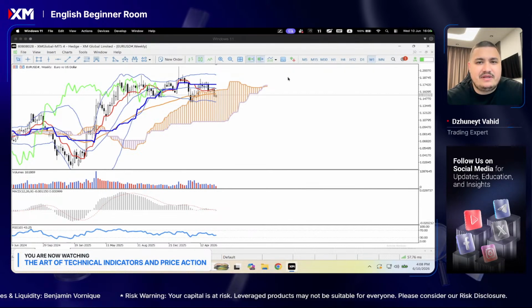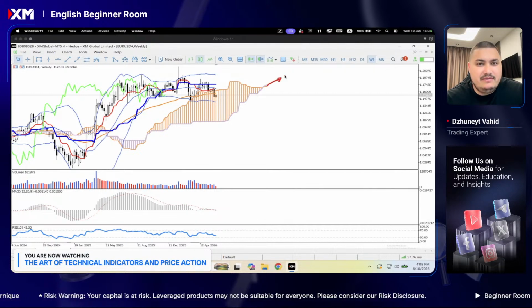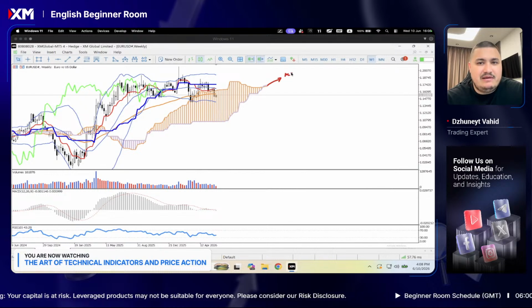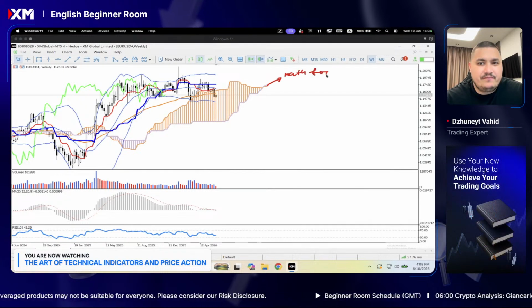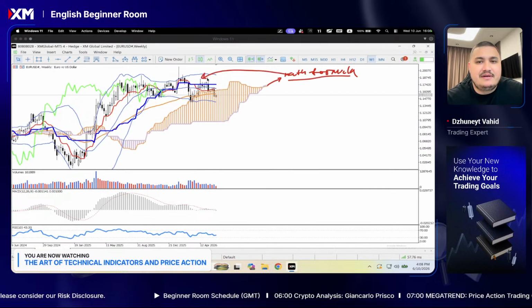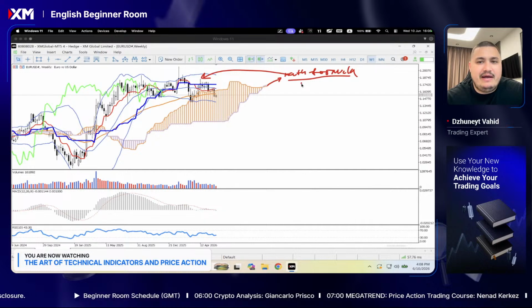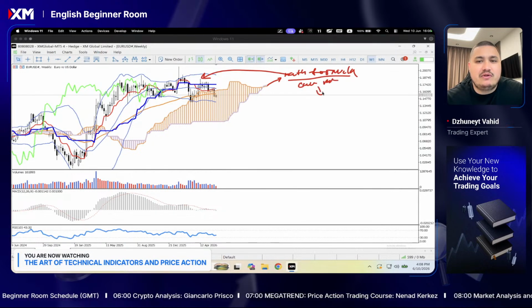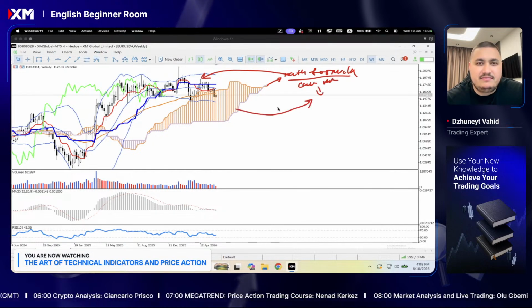What is an indicator? A technical indicator is a mathematical formula that calculates the price and gives a visual representation as a result. This is it.